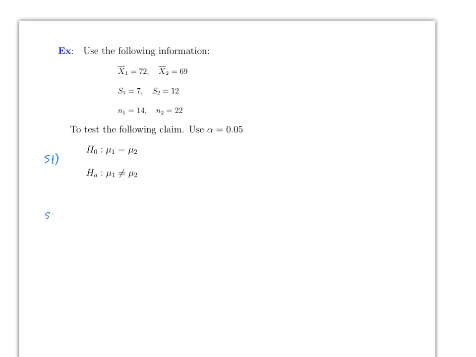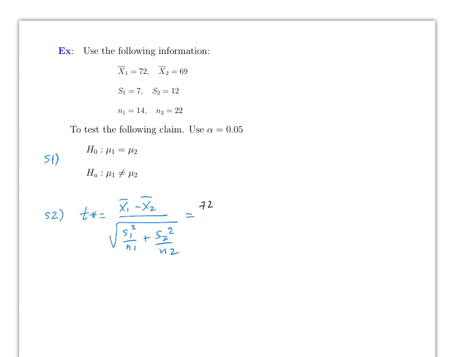Now for step 2, you need to find the test statistic, which is t star. Remember, t star is x1 bar minus x2 bar over the square root of s1 squared over n1 plus s2 squared over n2. Just plug in the values and be careful when you use the calculator.